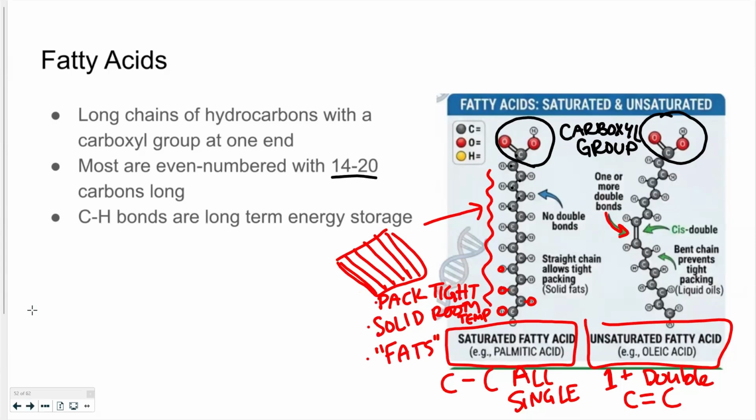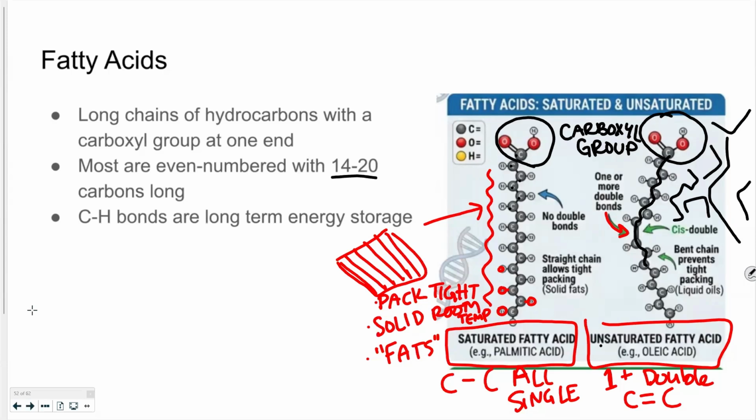Now, if we look at the chemical structure of our unsaturated fatty acid, we see that where that double bond is, we get this really weird shape. And so these don't necessarily pack together very tightly. And the more double bonds, the more crooked it is.